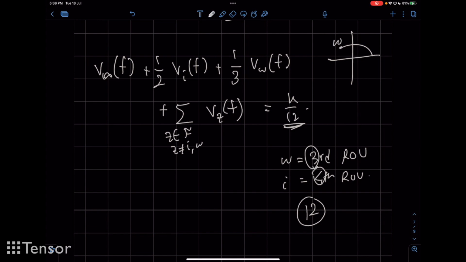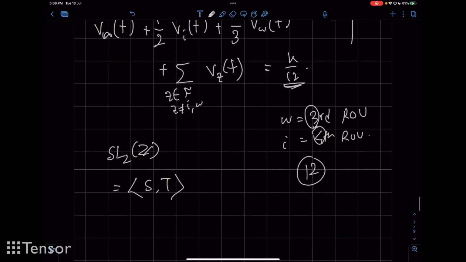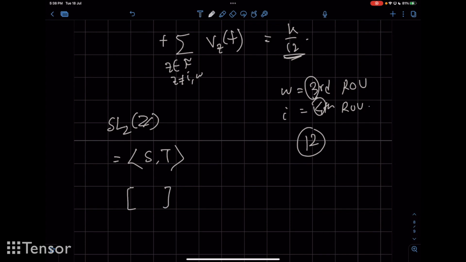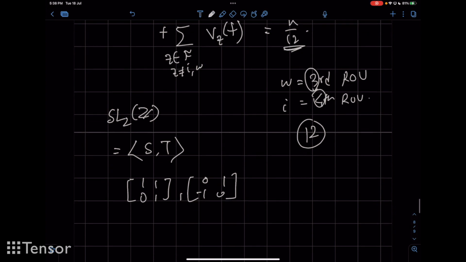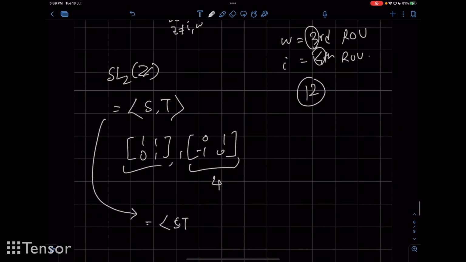What is the modular group we are working in? We are working with modular forms over SL2Z, and SL2Z is generated by S and T. This is T and this is S, right? T has order 4, but S has infinite order. If SL2Z is generated by S and T, then it's generated by ST and T as well.